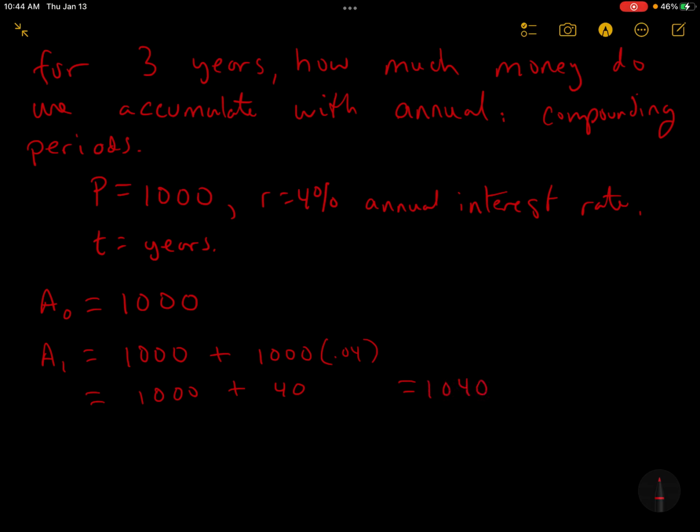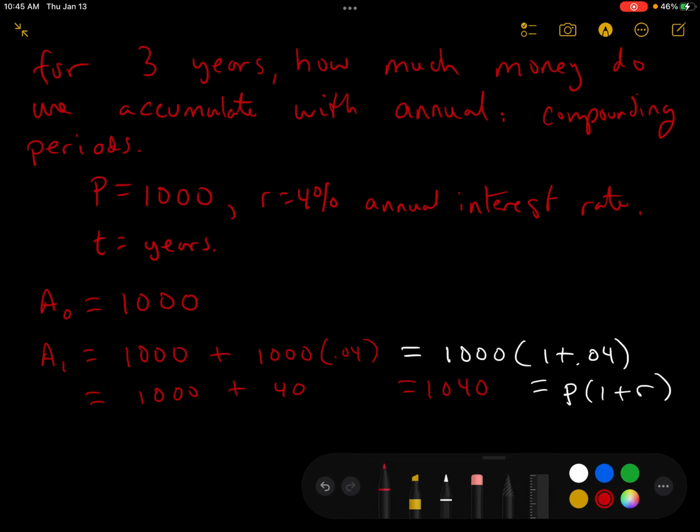So at the end of year one, we have $1,040. If you look at this first line here, if you factor out the 1,000, this is 1 plus 0.04, which is the principal times 1 plus the rate.